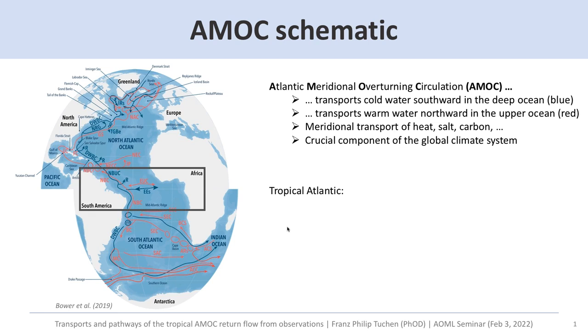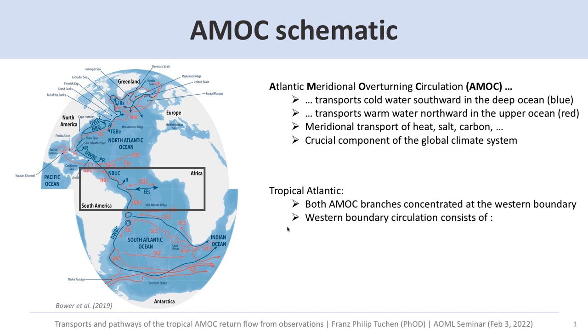So I'm focusing now on the tropical part of this AMOC circulation, and especially in the tropical Atlantic, you can see that both branches are basically on top of each other and very concentrated at the western boundary.